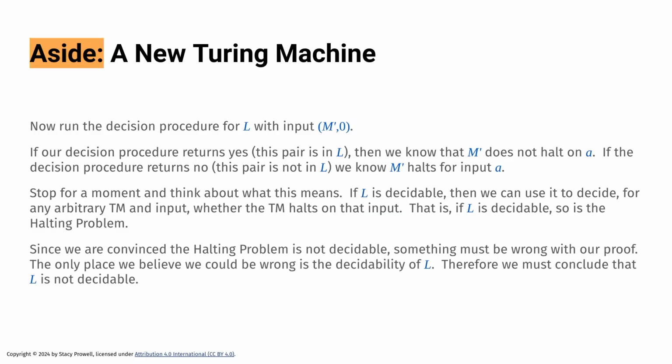So if I can run that decision procedure and it comes back and says, yes, I know M halts on A. If I run it and it comes back and says, no, I know M doesn't halt on A. I hope that makes sense. Now, because we're convinced the halting problem is not decidable, and we just built something that solves the halting problem, we have to conclude that something is wrong.